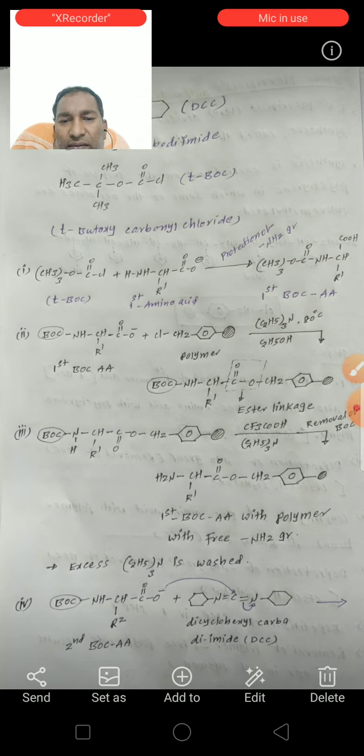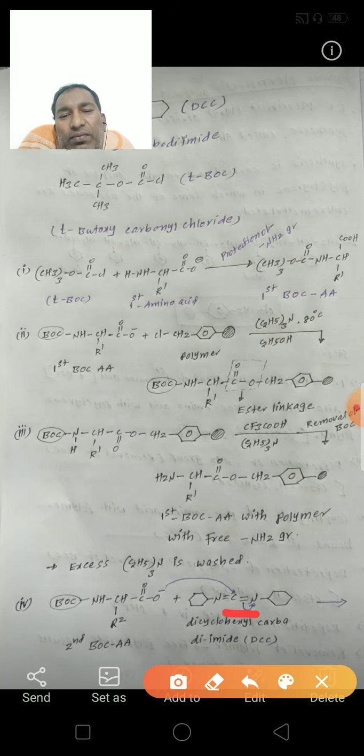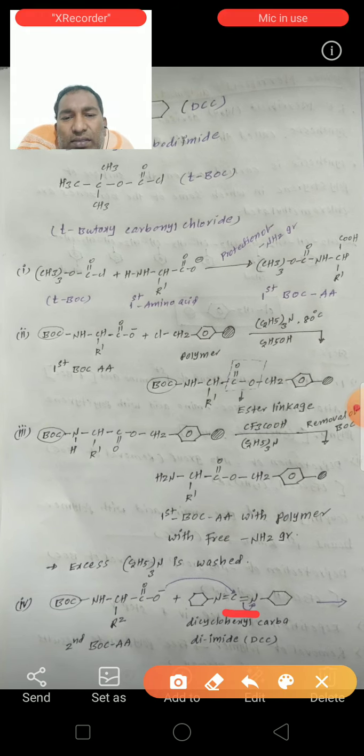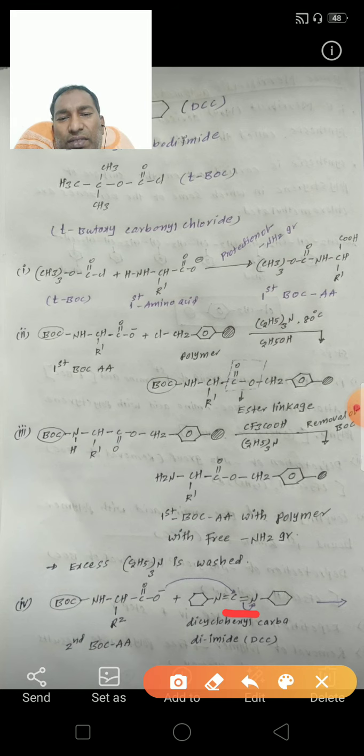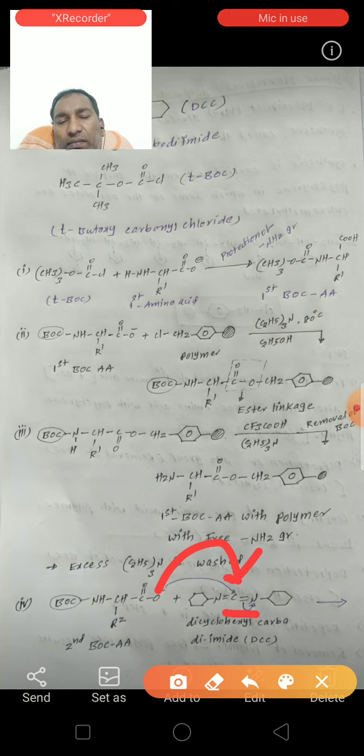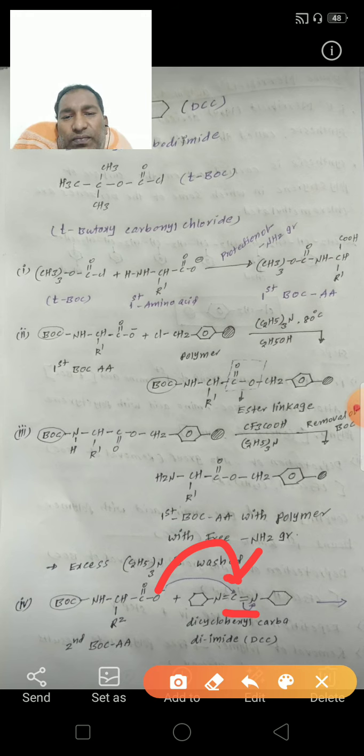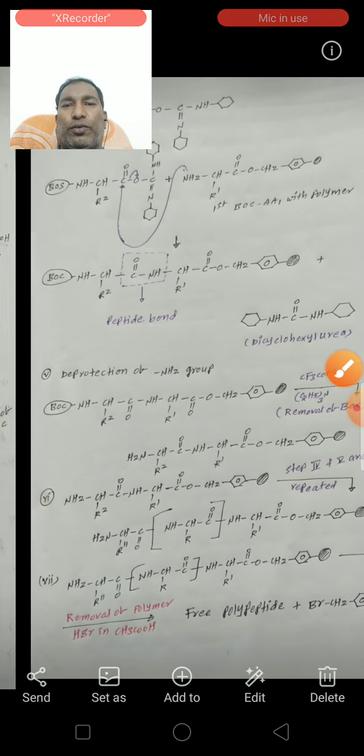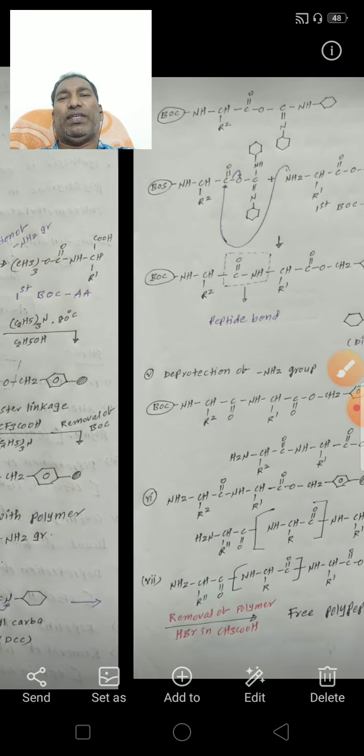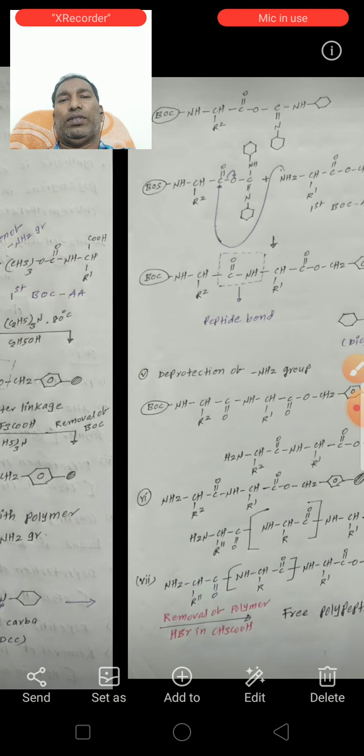See here, this carbon and nitrogen. Here nitrogen is more electronegative. The pi electrons are attracted by nitrogen, and this O minus reacts with the carbon, to form this type of compound, BOC NHCHR COO.